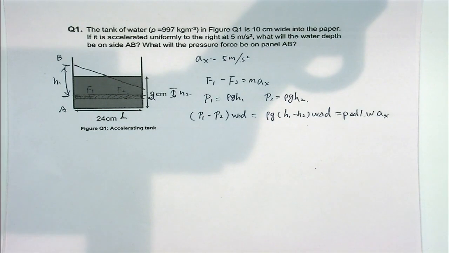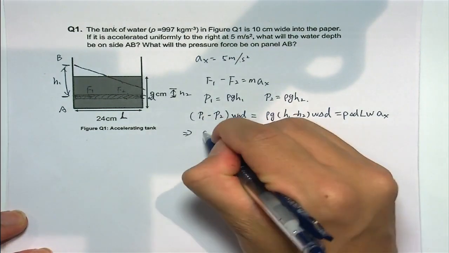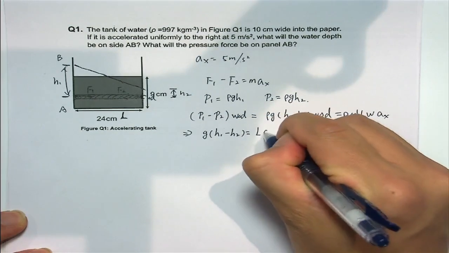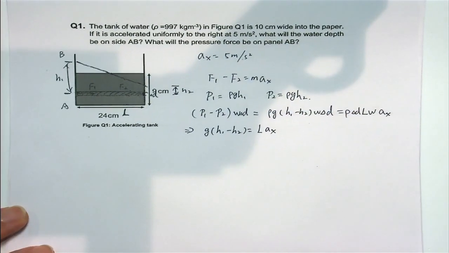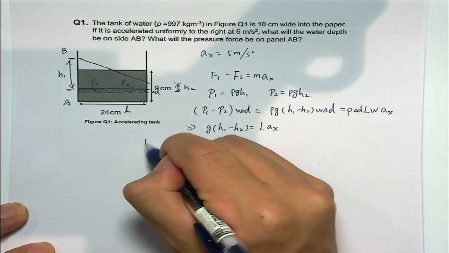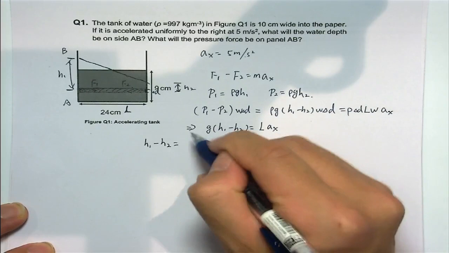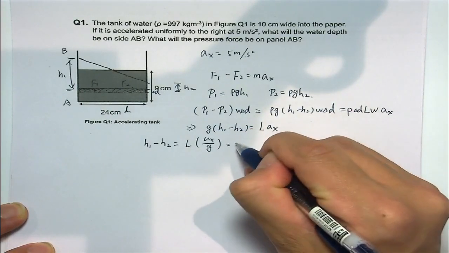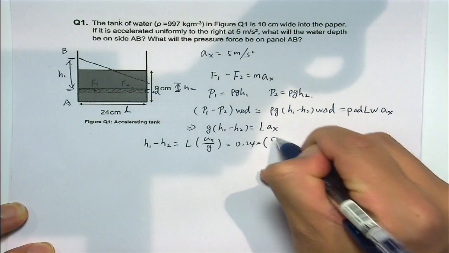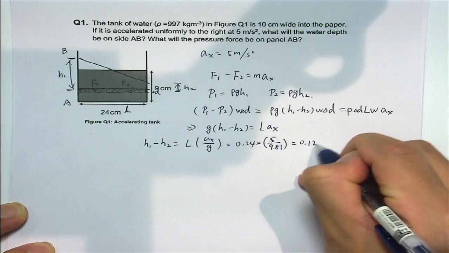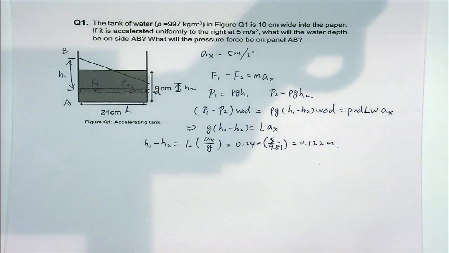So we can use that to finally get g (h1 minus h2) is equal to L AX. So then we can get h1 minus h2 is L AX over g, which is that one. So we know the height difference.